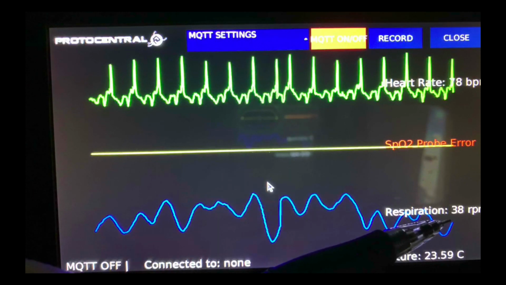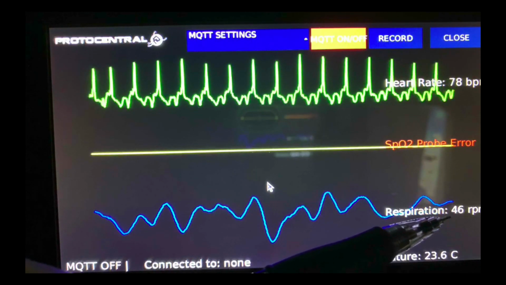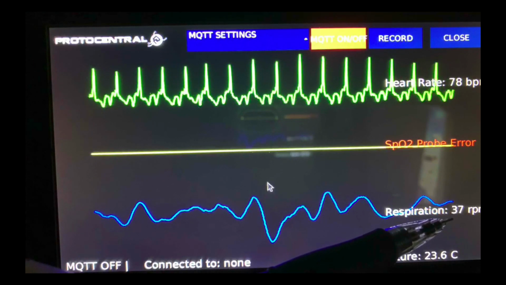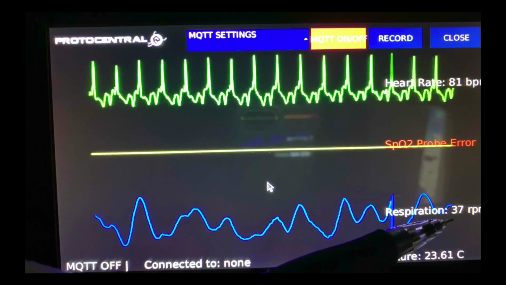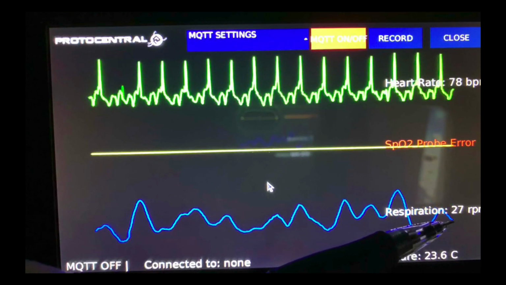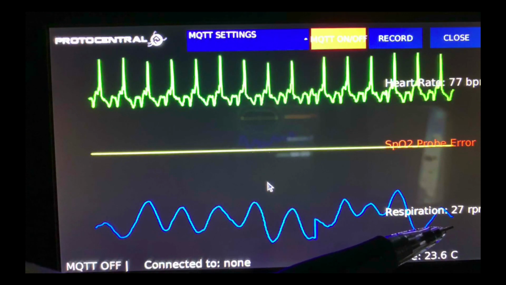It takes some time for the average to roll. 46 respirations, averaging up faster. Coming down again.